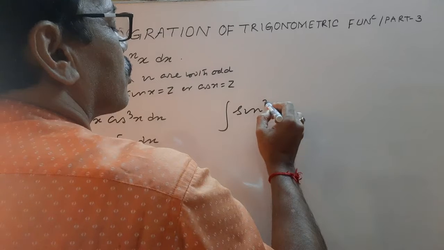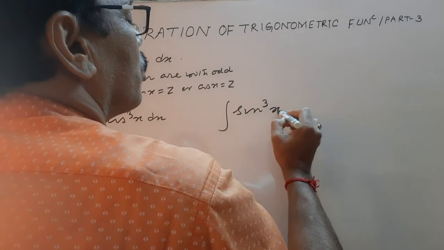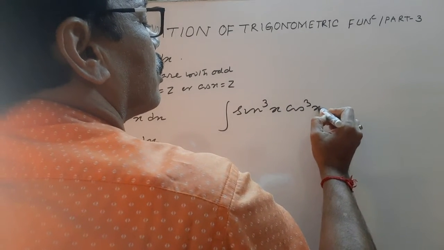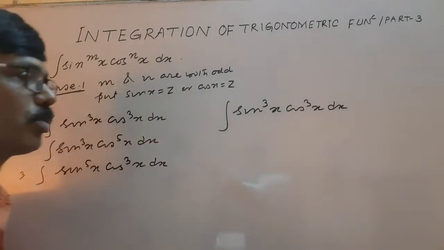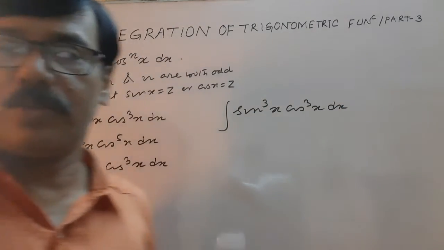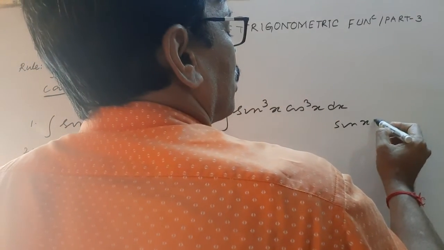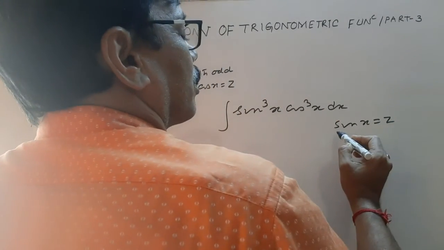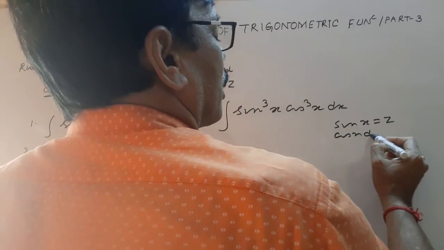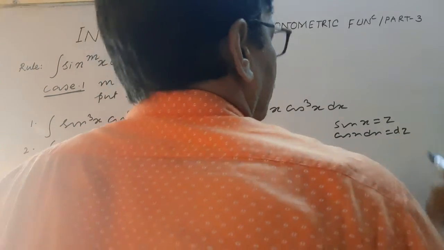Integration of sin cube x cos cube x dx. So both are odd. So the transformation is sin x equals z or cos x equals z. So cos x dx equals dz.